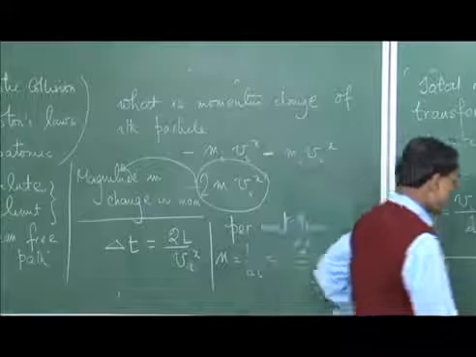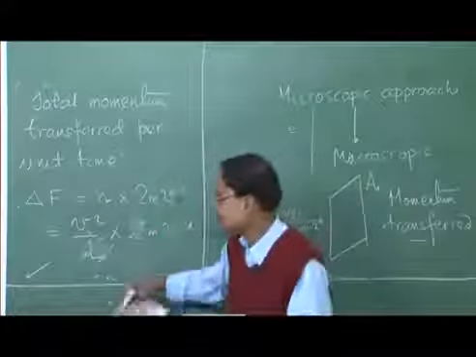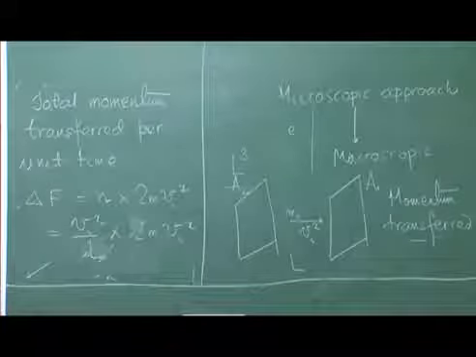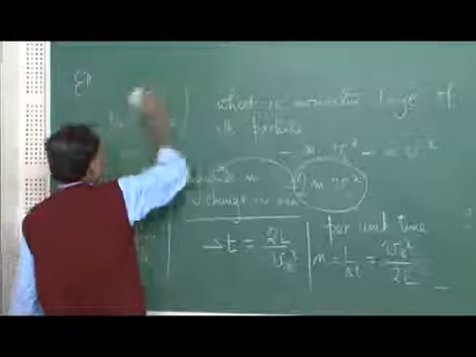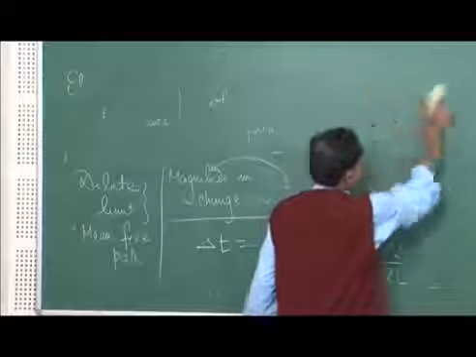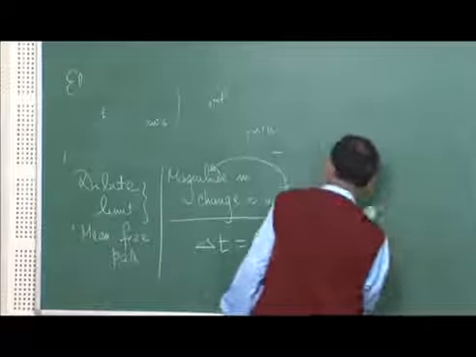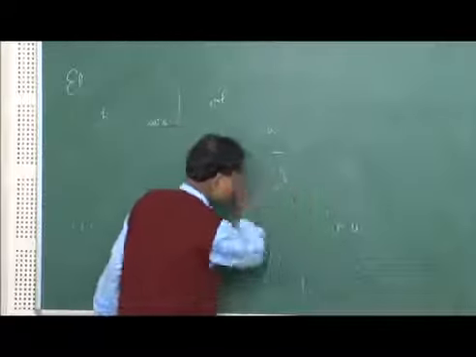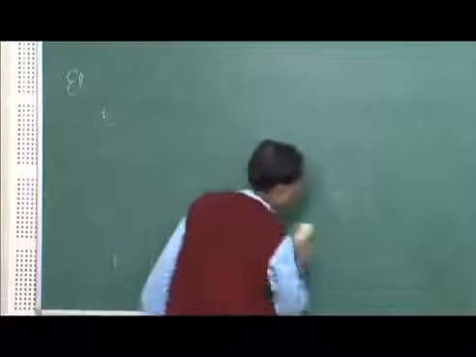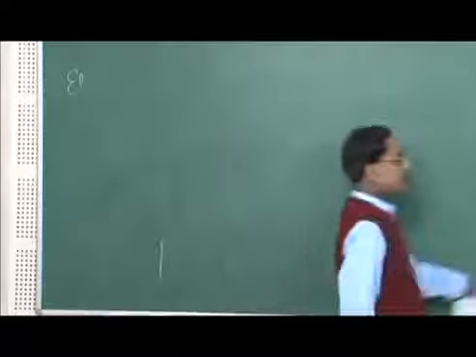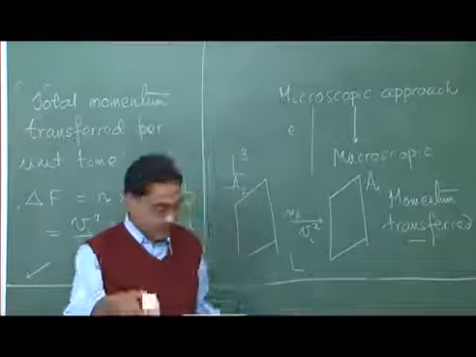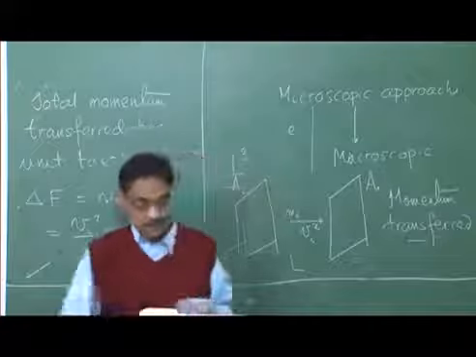For one molecule, this is the momentum transfer. I am dealing with many molecules, the number of molecules is of the order of the Avogadro number. So, I have to average over all these molecules. I am assuming they are non-interacting, and on average all these molecules hit this boundary, causing momentum transfer here.